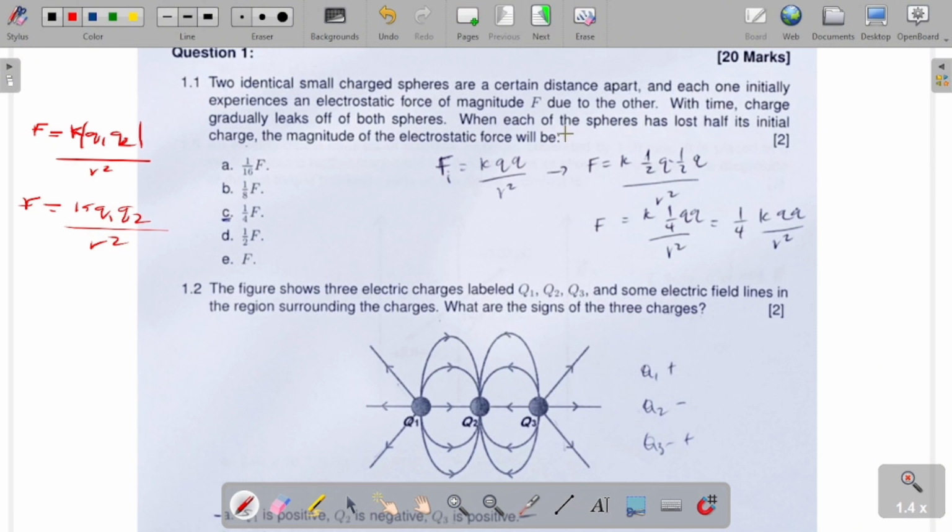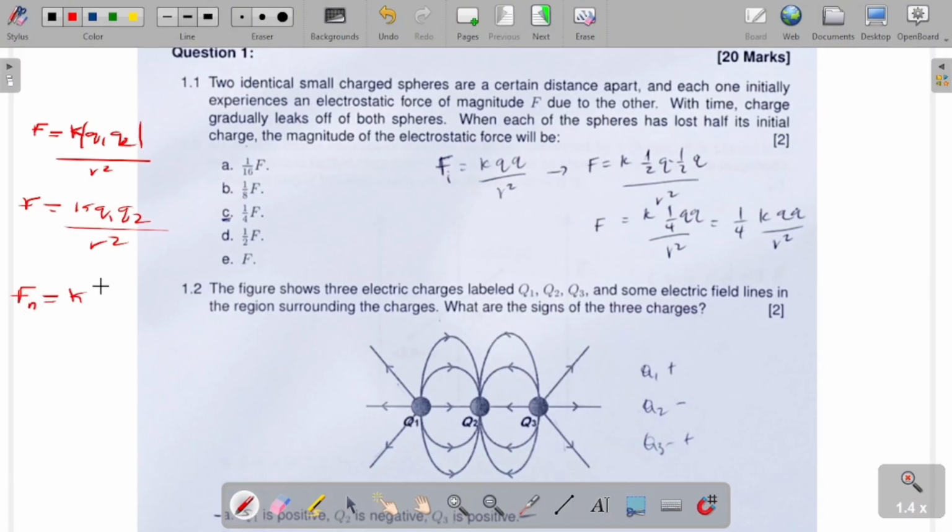And then they're saying with time, charge gradually leaks off both spheres. When each of the spheres has lost half its initial charge, the magnitude of the electrostatic force will be, so each sphere loses half, therefore we will call our new force Fn.